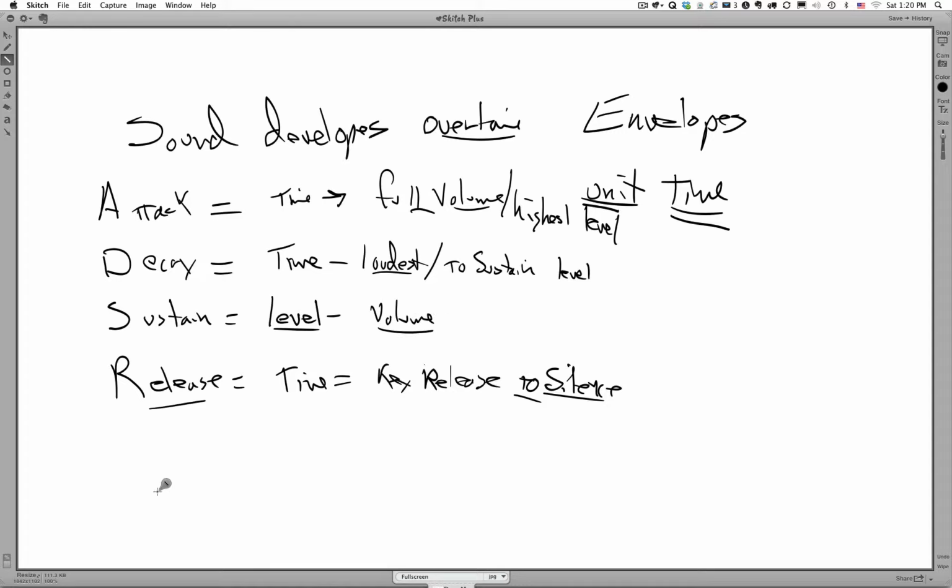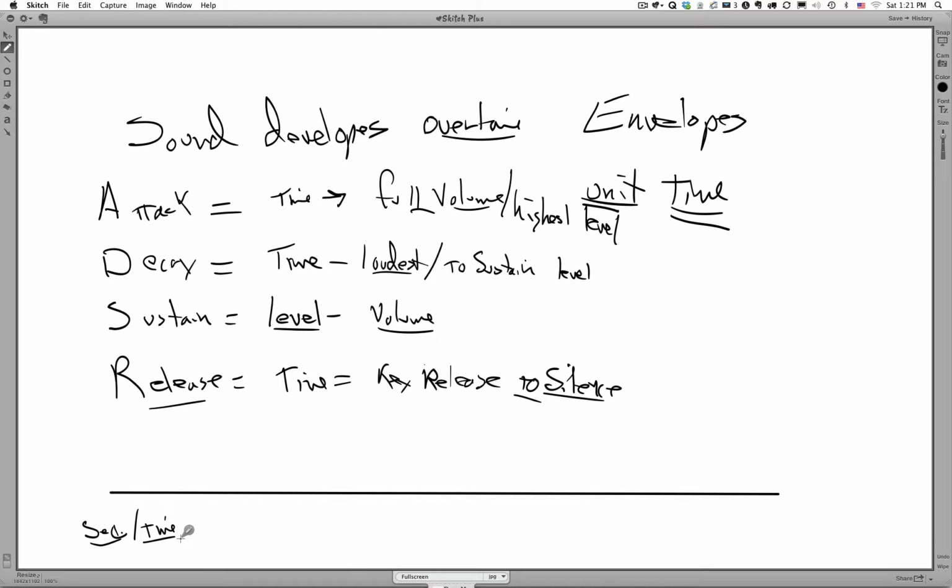Let's do a diagram quickly of an attack, decay, sustain, and release envelope. So there's my line. Along the horizontal axis, we'll say it is time, in seconds. How long does it take? So here is when we first hit the key on the keyboard. How long does it take from when we first strike the key to get to full volume? And we could diagram that.